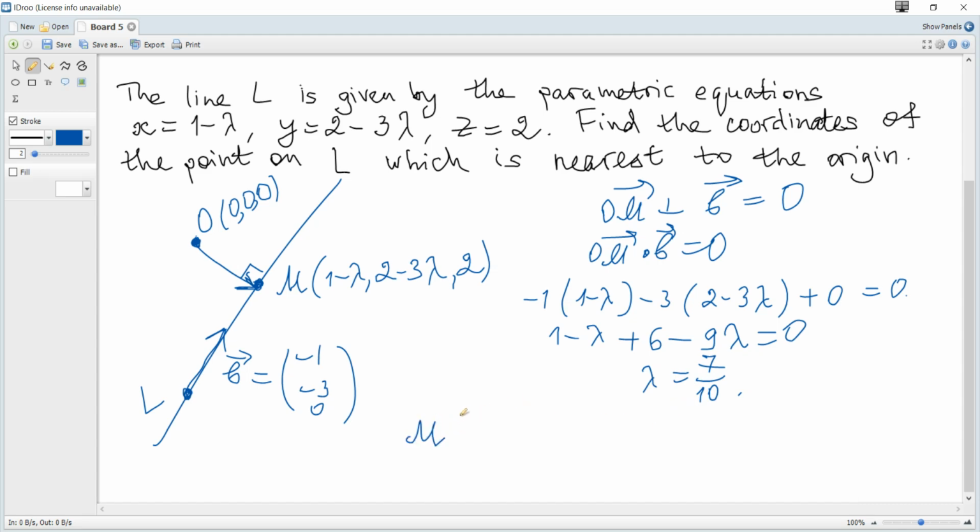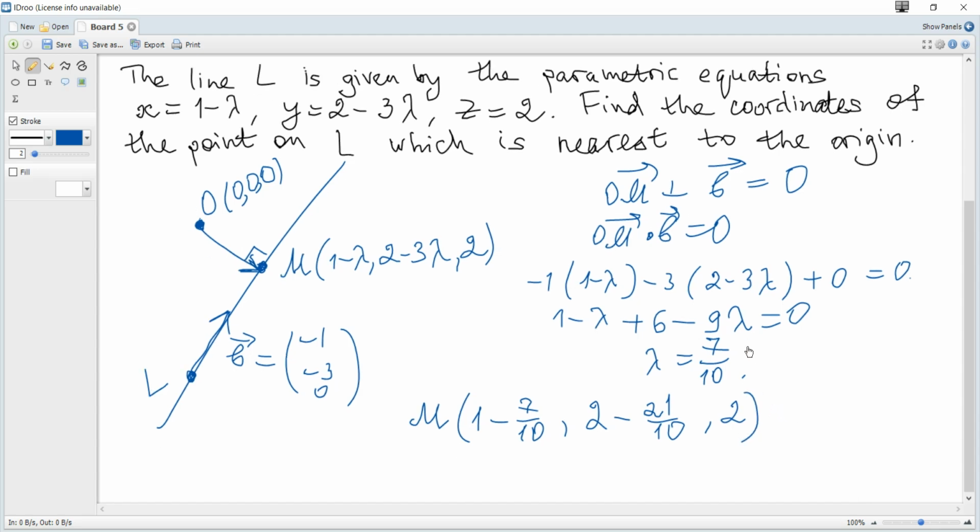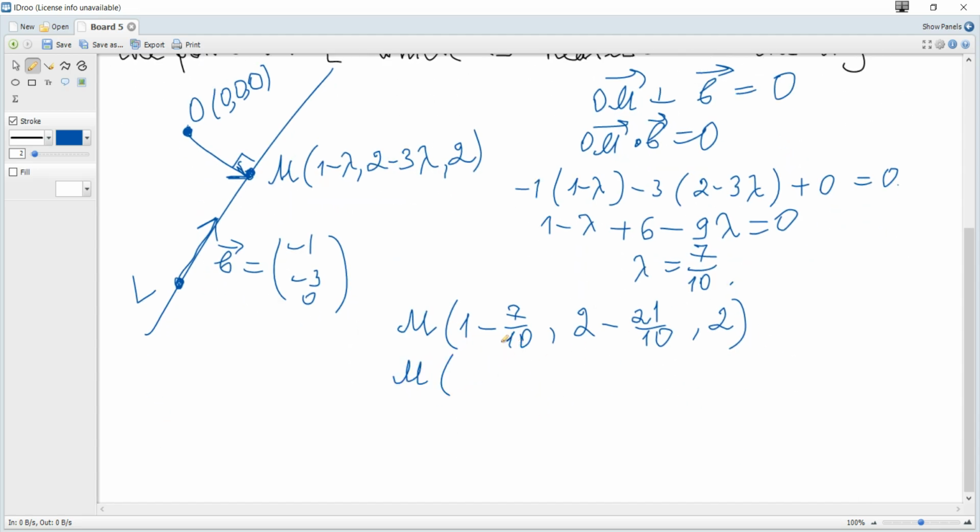And hence the coordinates of the point become 1 minus 7 over 10, 2 minus 3 times 7, 21 over 10, 2, and hence it becomes 10 over 10 minus 7 over 10, it's 3 over 10, 2 it's 20 over 10, so it's minus 1 over 10, and 2.